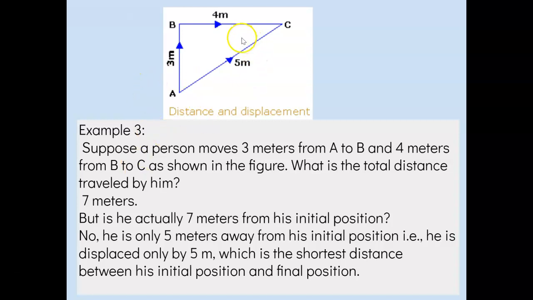So technically, we would say his displacement is 5 meters in a northeast direction. Okay, so if you guys remember a compass, it's north, south, east, west. So it's 5 meters in a northeast direction. And a good way to remember that, everybody can remember north and south. But if you get confused between which way is west and which way is east, left is west. That's a good way to remember it. Left is west.